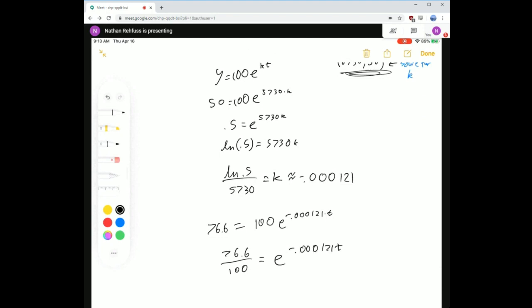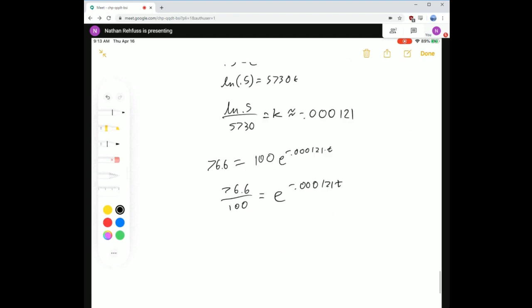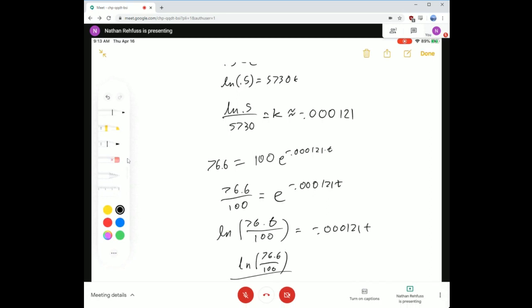I take the natural log, not 7, 6. And I divide. And then I plug that into my calculator.